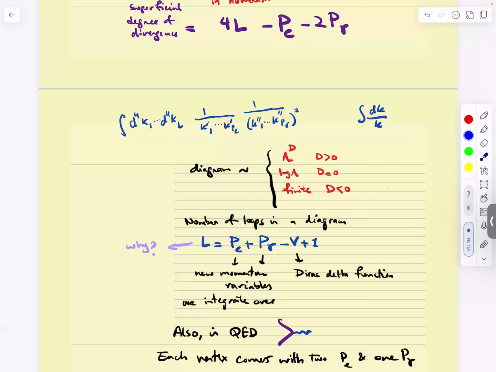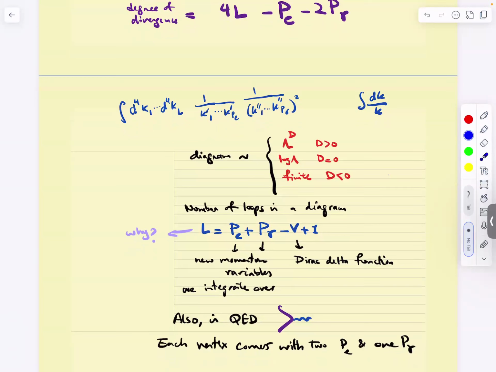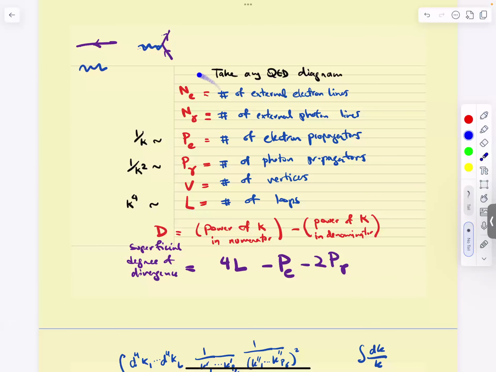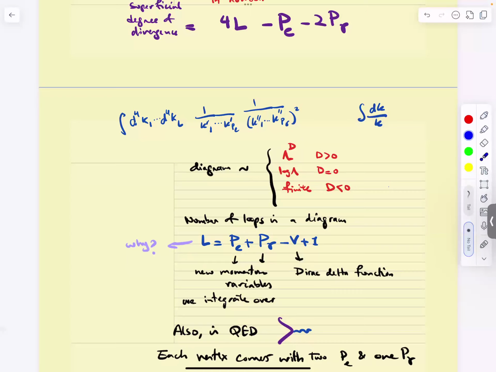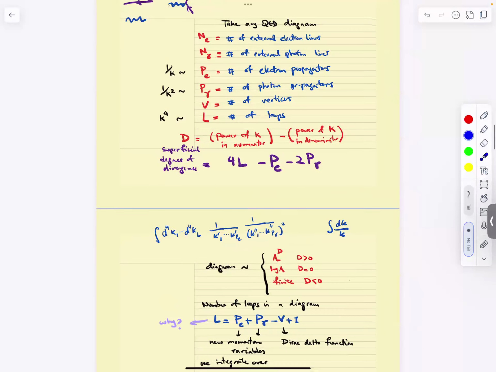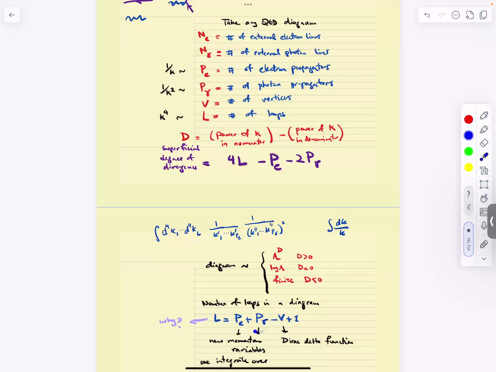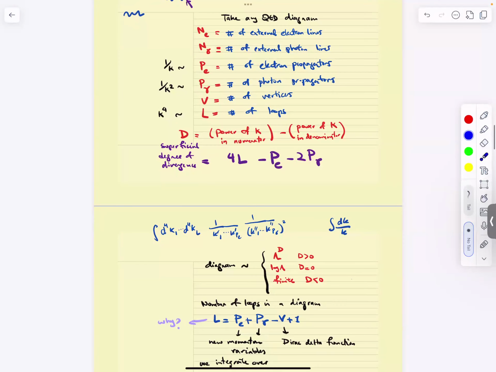Now, here is an interesting fact. Those of you who know topology would perhaps recognize this right away. Feynman diagrams, by virtue of their form, satisfy an equation that relates these parameters, so they are not independent. The number of loops in a QED Feynman diagram is equal to P_e plus P_gamma, the number of photon propagators plus the number of electron propagators, minus the number of vertices plus 1. I challenge you to prove this.